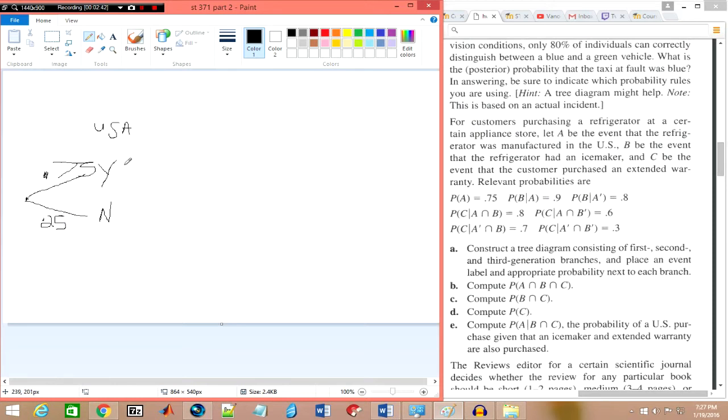And then from each of those branches, you get another two branches. It looks like I'm not going to have enough room, so I'm going to erase this.